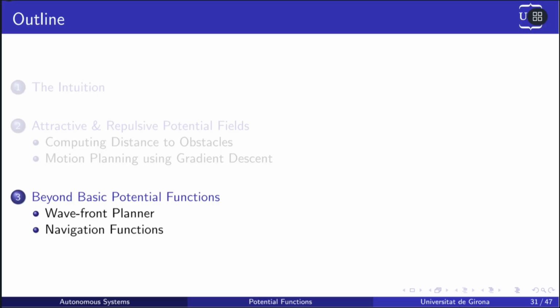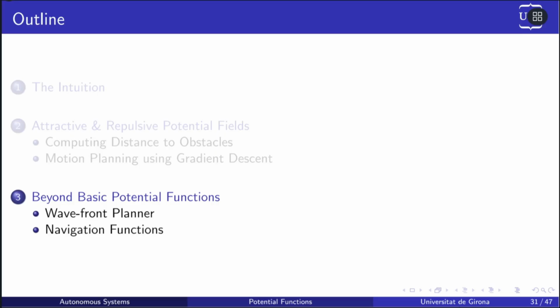Again, it's super simple, but in order to compute the repulsive function, we need something that can be not so easy to compute, that is the distance to any obstacle. For that, we have seen that the BridgeFire algorithm can do it. Then we have seen how, combining these two functions, we obtain a total function, and then we can just follow gradient descent in order to reach the goal position from any position. Problem, sometimes we get stuck.